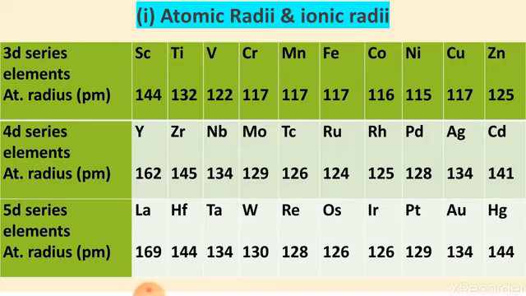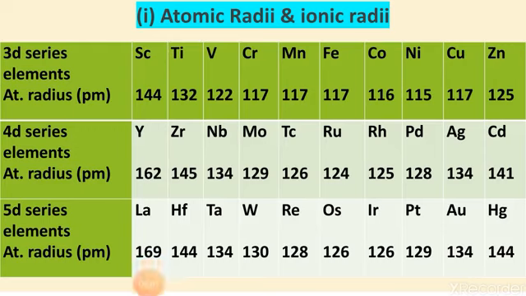This is because in a transition series there is minimum change in the electrons of the outermost shell, but the only change occurs in the (n-1)d electrons from member to member in a period, that is a horizontal row. Therefore, the general trends in properties are studied in the horizontal rows, that is in periods of transition elements. Here the property should be studied series wise, that is 3d series, 4d series, 5d series, that is period wise, not group wise.